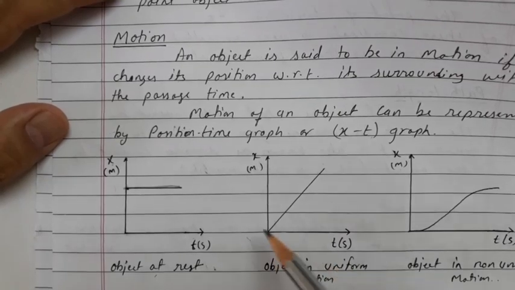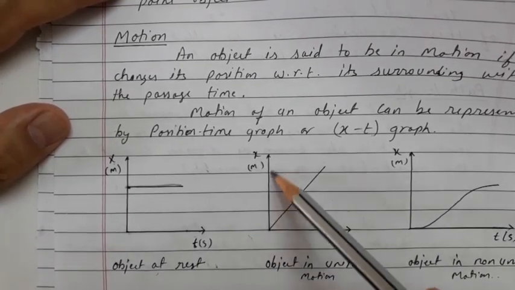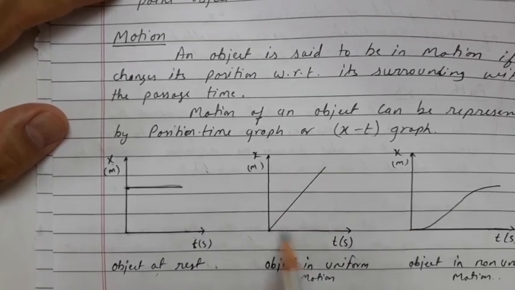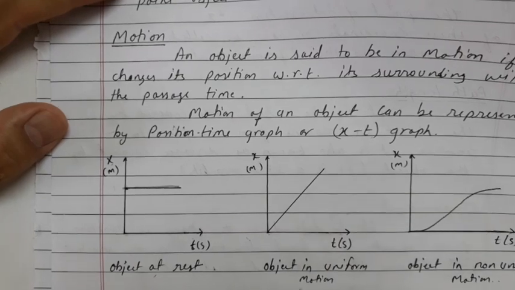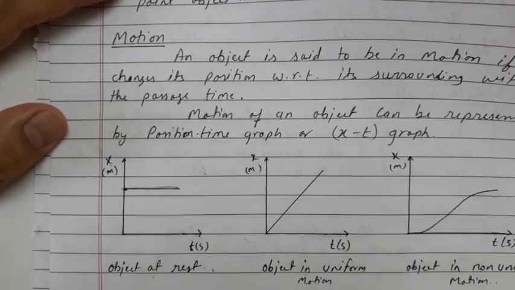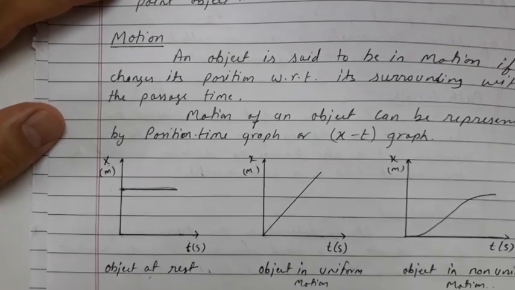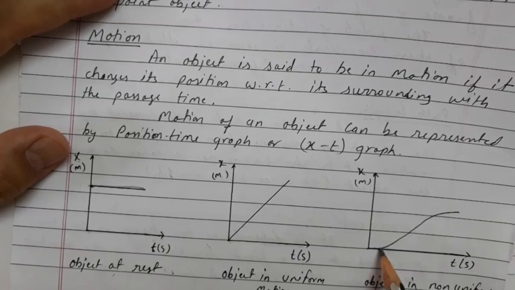In the second one, the distance is increasing as well as the time. Here distance is increasing at an equal rate as time is increasing. So we can say that the object is in uniform motion. That means the object is covering equal distance in equal intervals of time. So this type of motion is known as uniform motion. But in the third case, time is increasing, but the distance is not increasing.